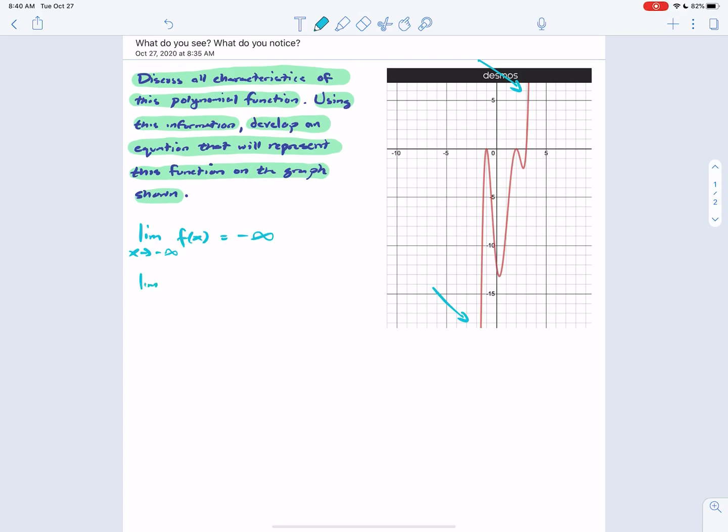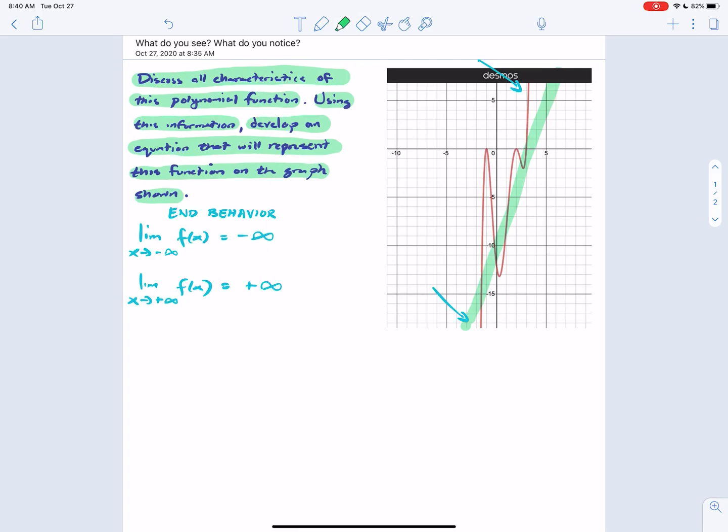And I know that the limit of f of x as x approaches the far right, it goes far up. So that tells me the end behavior, and this looks like it behaves like a positive line.